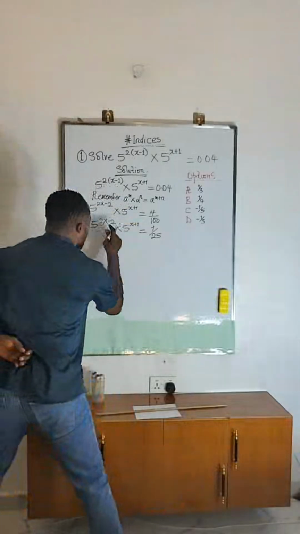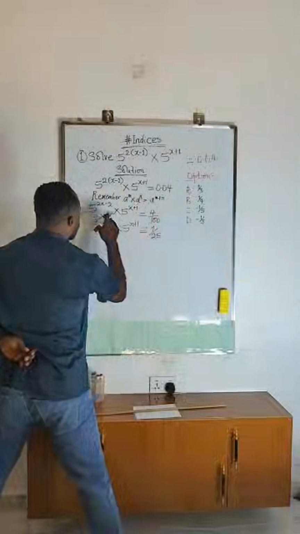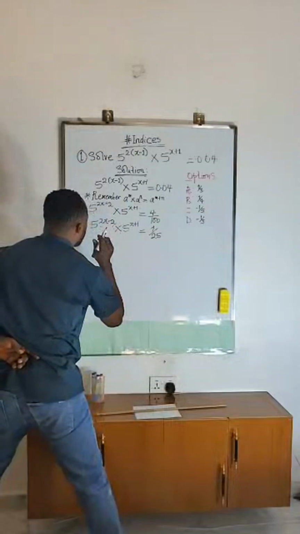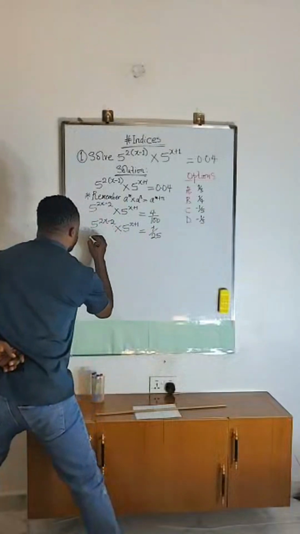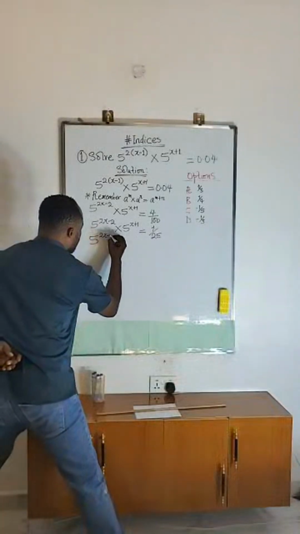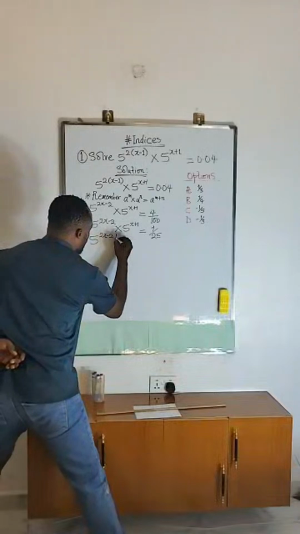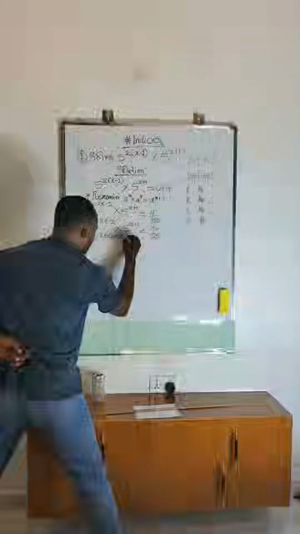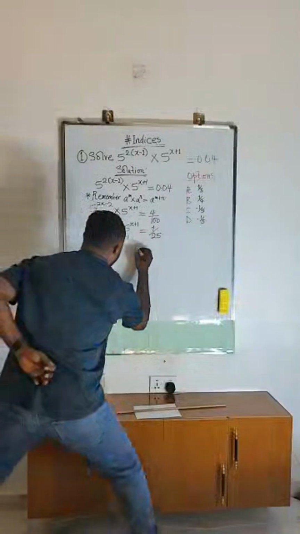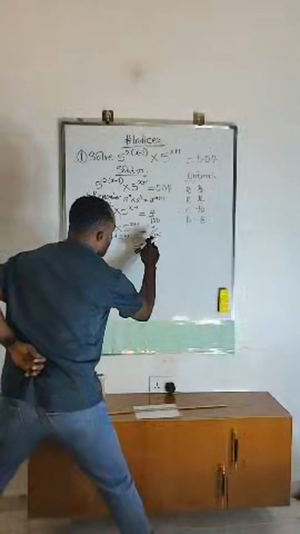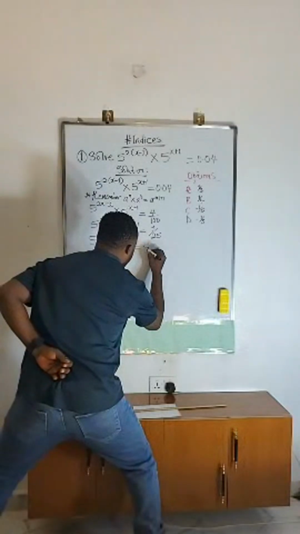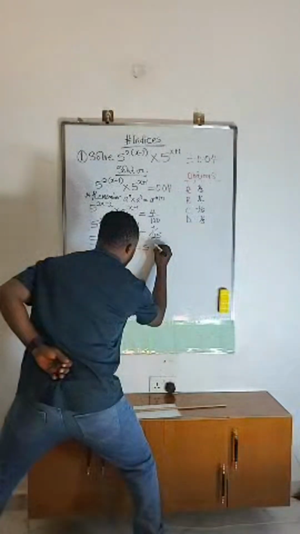Then, if we apply this particular law here, we are going to have 5 raised to the power of 2x minus 2 plus x plus 1. Is that okay? To be equal to, now here, is the same thing as 5 raised to the power of minus 2.